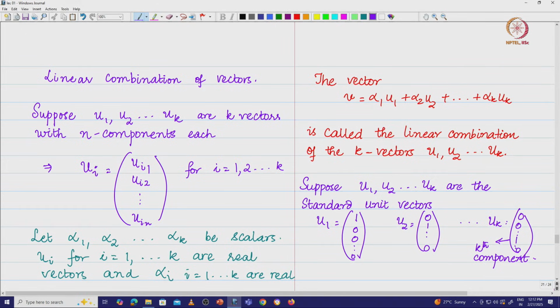A very specific example: suppose u 1 and u 2 are the two component standard unit vectors in 2D. I am going to take u 1 to be equal to 1 0 and u 2 to be equal to 0 1. Now, the vector V, which is equal to V 1 V 2, is a linear combination of these two vectors.